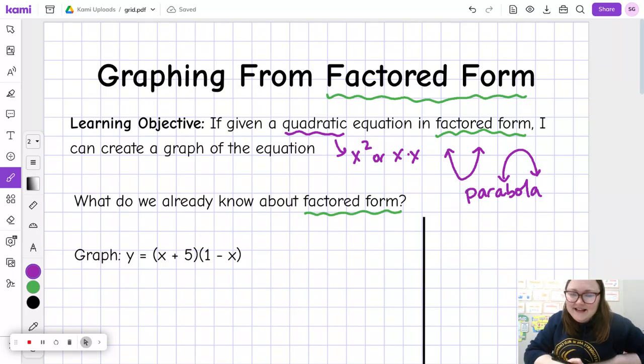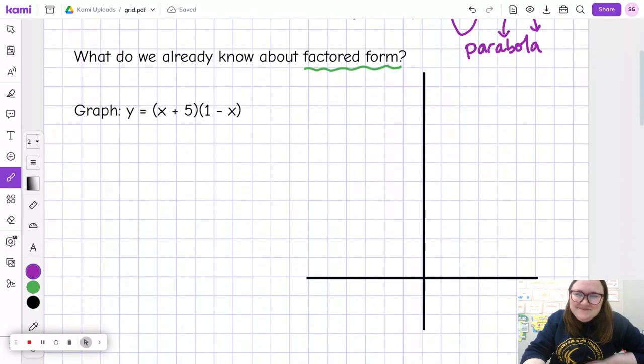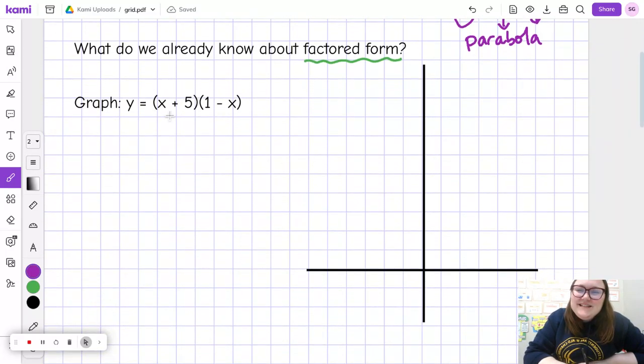In our last lesson, we learned something about factored form and what you know from an equation if it's written in factored form. Do you remember what that something is? We learned that factored form is really helpful with us knowing our x-intercepts. We learned the other form, standard form, is good if you want to know the y-intercept.